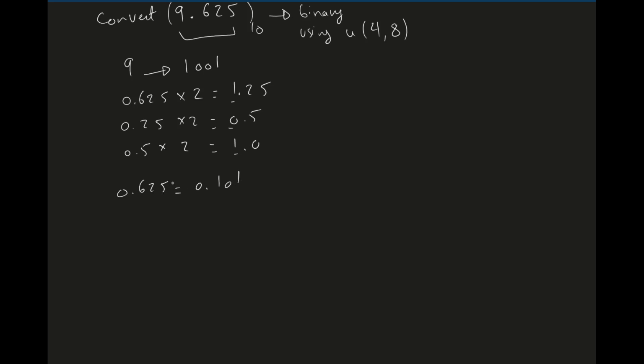Now I need to place these values in that unsigned 4, 8. Like I said, it has 4 digits for the integer, followed by the radix point, and then 8 bits for the fraction. 1, 2, 3, 4, 5, 6, 7, 8.